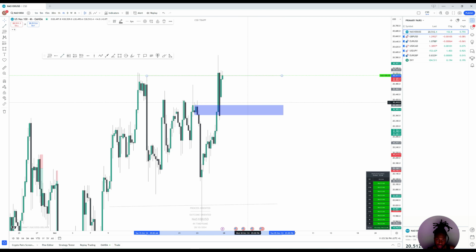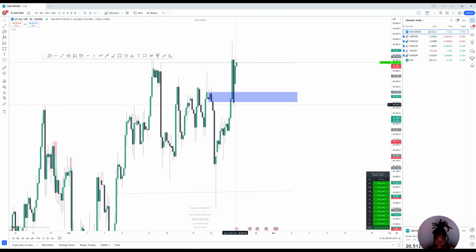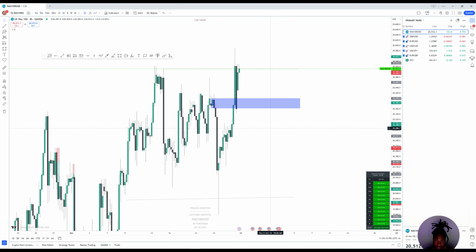Don't get caught up in thinking that because we rejected this order block, it is going to actually propel higher. We need more context and framework to line up before we get in for any type of trade.